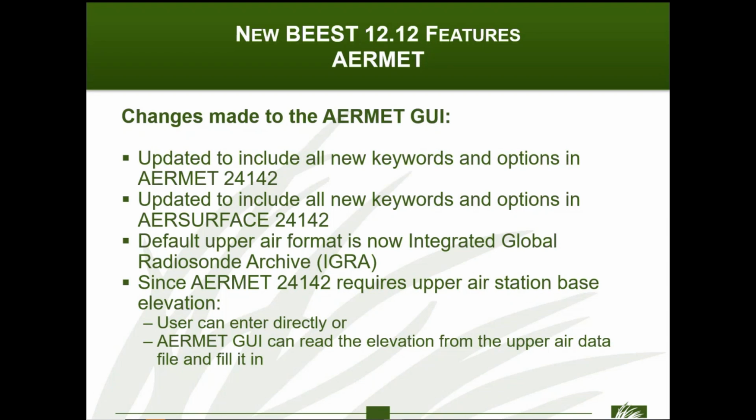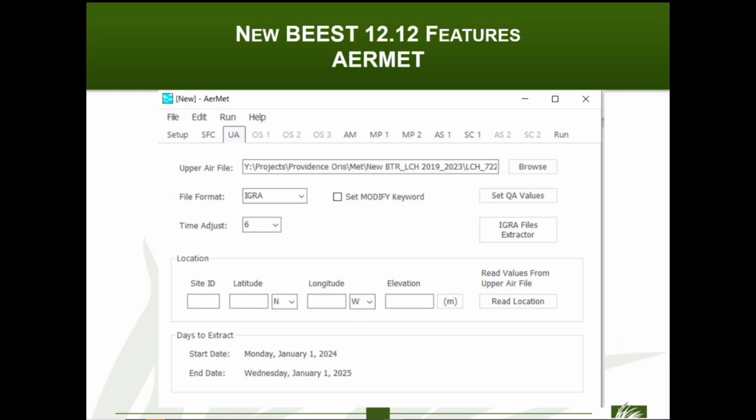And since AirMet 24142 requires the upper air station base elevation, you can enter that directly on the interface screen, or you can have AirMet's GUI read it from the upper air data and fill it in for you automatically. So here is the upper air page from the AirMet GUI, and right here is where now the default is IGRA.